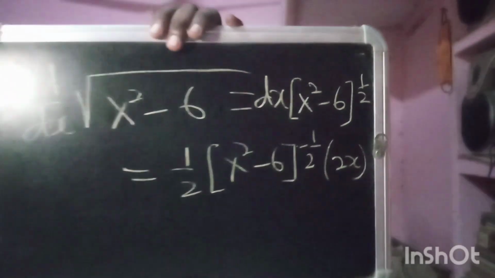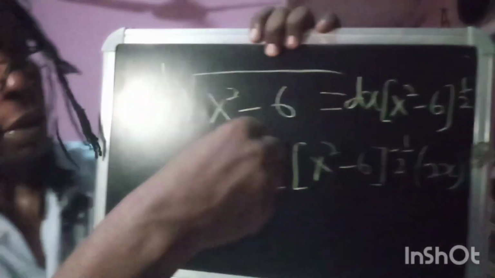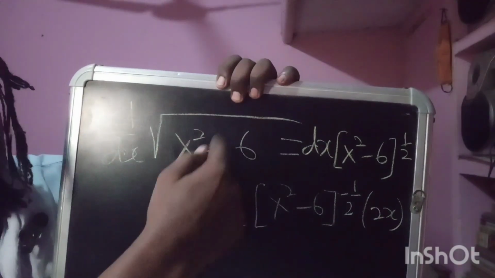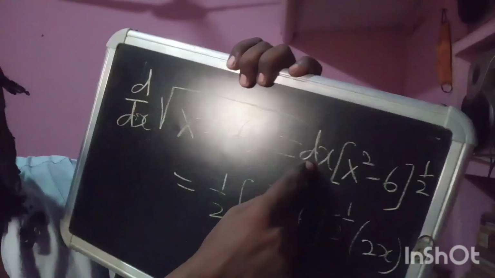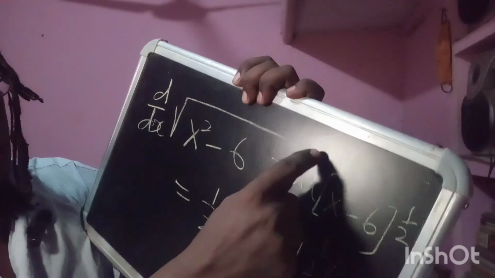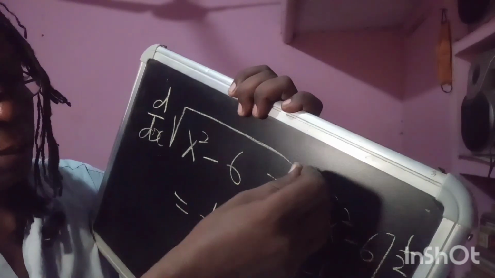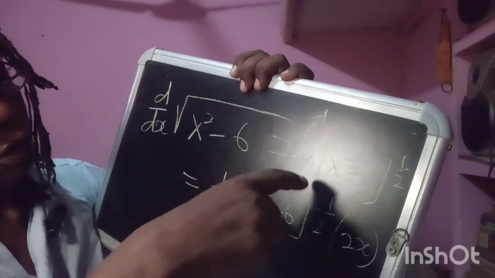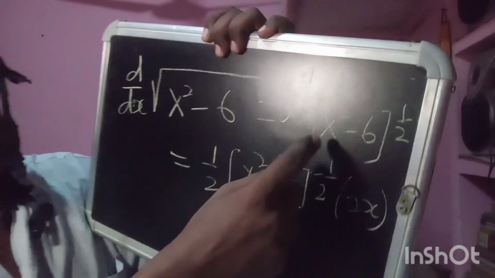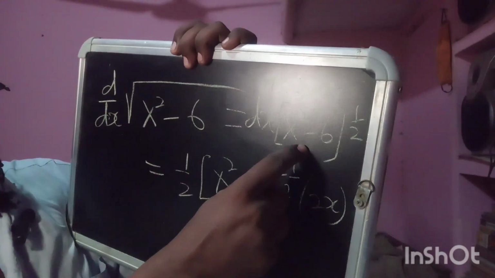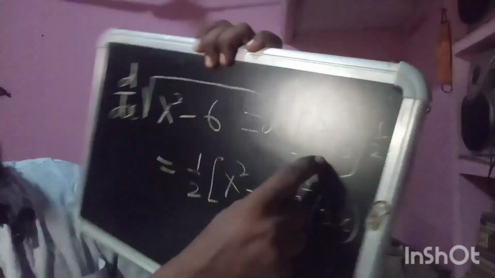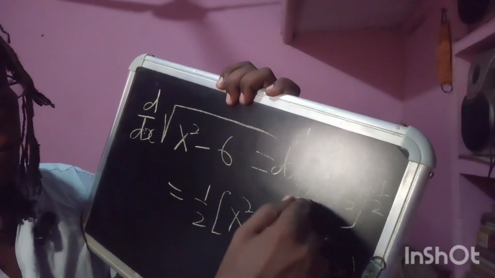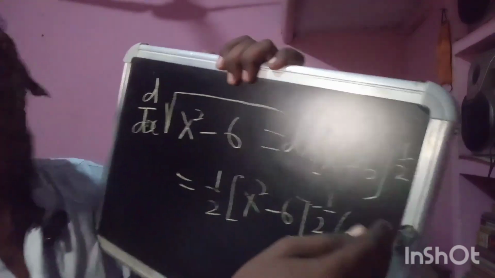Now I'll show you what I've written down. d dx, this is a radical, simple, you can see it. You have to rewrite it, so we rewrite it here, and we put the half, so it is in a form that we can now differentiate.